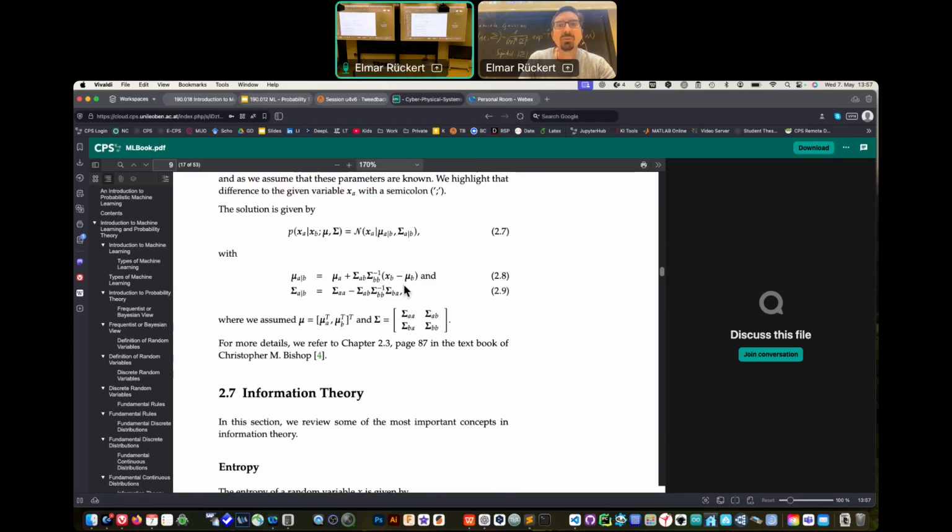And the correction computes here the difference between xb and your mean. Xb is what you know. The mean is part of your model. And you project it using here this product of the two covariance matrices into the space of A. That's the intuitive explanation. You can do the same for mu of B given A. And you will find similar equations throughout this course, also for Bayesian regression.